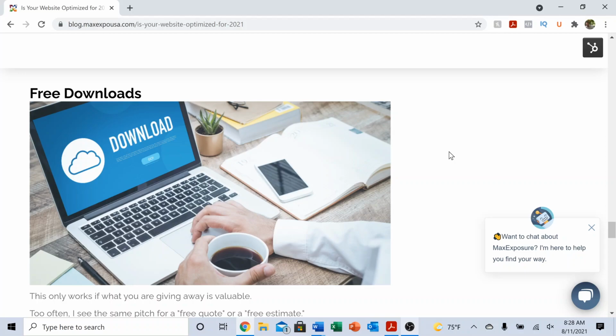So for example, for us, we might have a PDF with a complete small business marketing strategy guide. And in order for a visitor to get that strategy guide, they have to put in their name and their email address. So now we've captured their email address and their name, and we can send them some more information periodically, or we now have a way to get in touch with them.